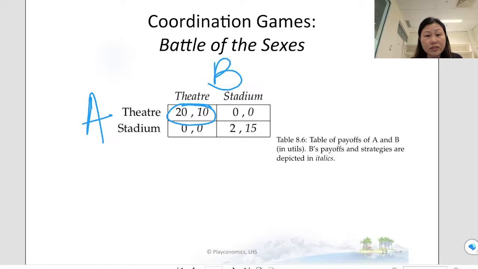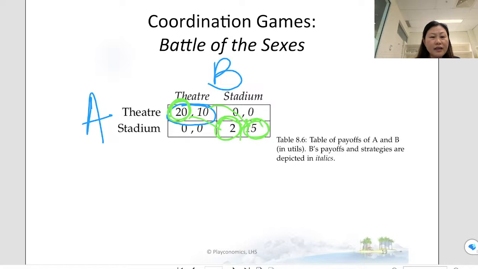That's what they want to do. If they go to the stadium, this person here has less fun. But it's still a positive utility. And the other person has even more fun with 15.